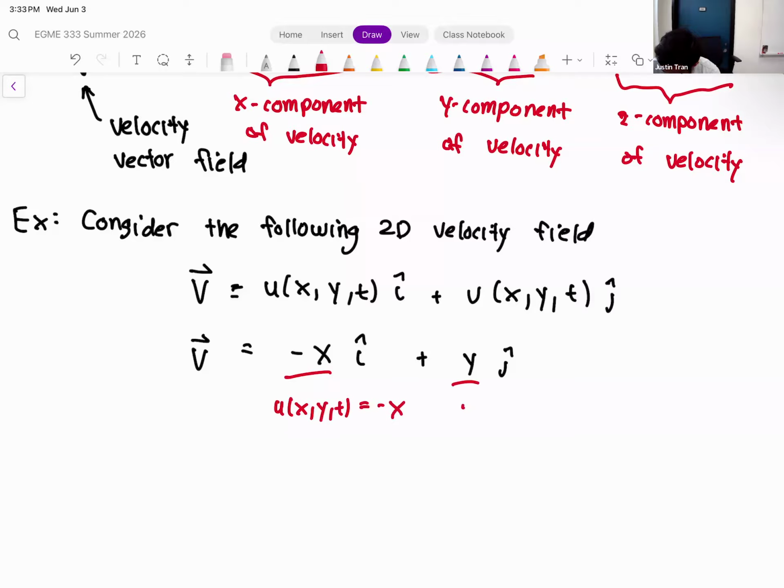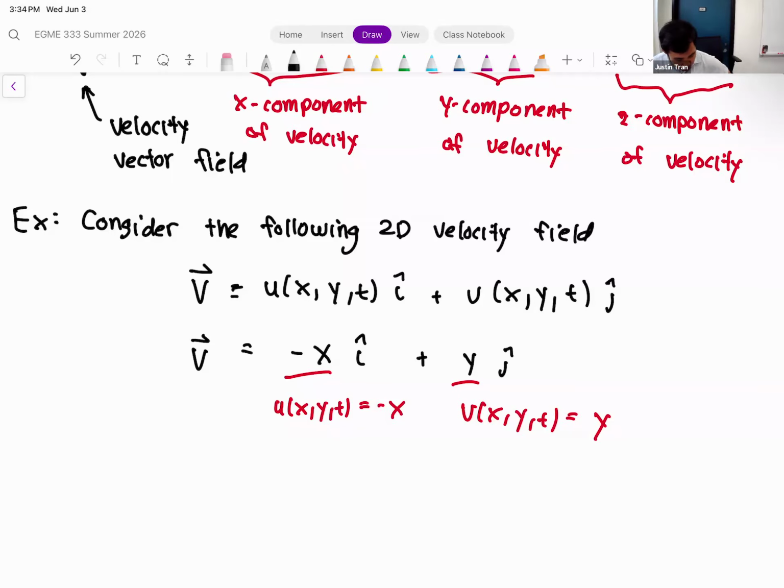And this tells us that our v of x, y, and t is equal to 1. So in this case, our x velocity only depends on x, and our y velocity only depends on 1. That's not always the case. That's just this example.